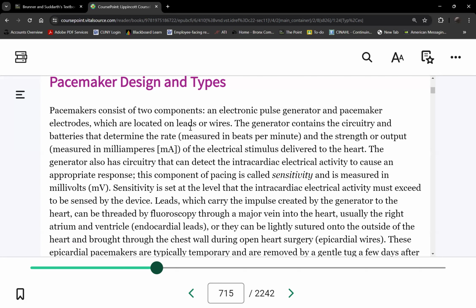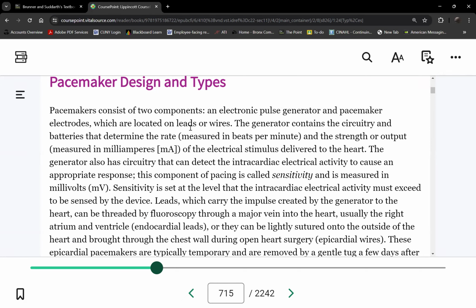There's also a fixed setting. Fixed setting is also called an override setting, meaning it's going to disregard whatever the SA node is doing. It's going to fire no matter what your SA node is doing, right? Of course it's a machine, so which one will have a higher electrical voltage, your SA node or this machine? The pacemaker will have a higher voltage.